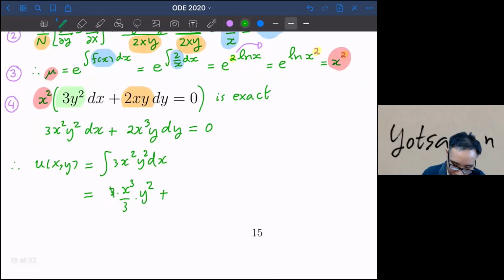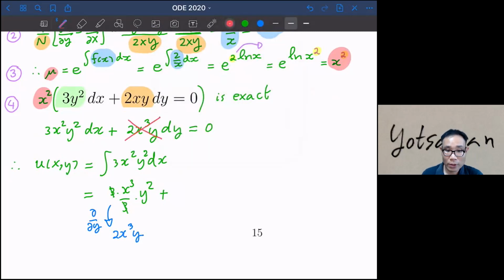For this one, you get rid of 3 and 3, and you differentiate with respect to y. This will give you 2x cubed y, and you see that this one will cross out.